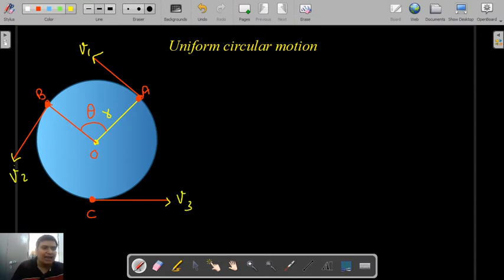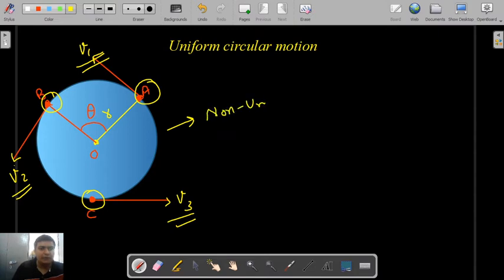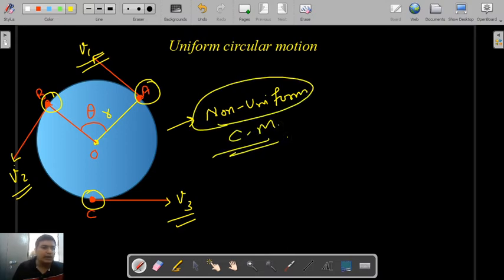So now at different points on the circle, the velocities are different. So in this case, this motion is representing non-uniform circular motion. ये ध्यान रखिएगा. So if the velocities are different at different points, in that case the motion will be called non-uniform circular motion.